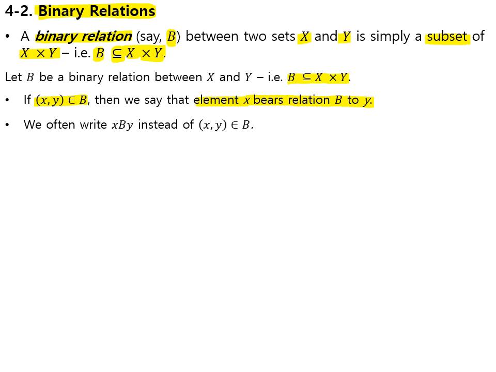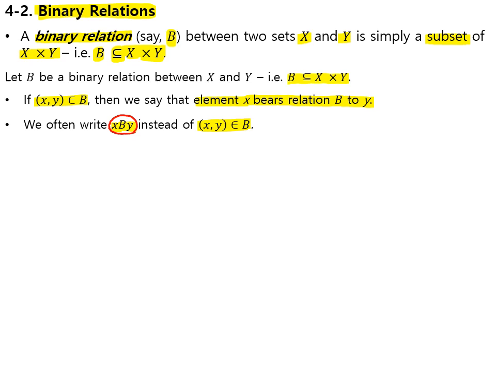And then we're often going to write x B y, using this symbol here, instead of the symbol that says the ordered pair (x, y) is an element of B. And this symbol here is used mainly to make it more intuitive, to make it easier to understand the specific relationship between x and y.